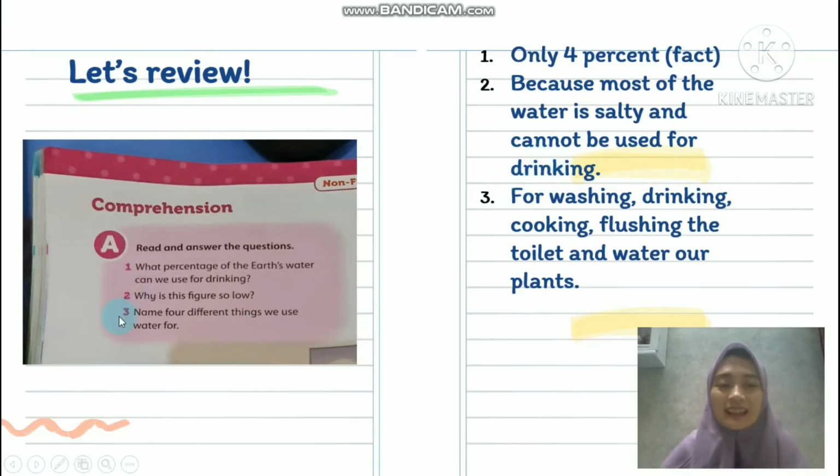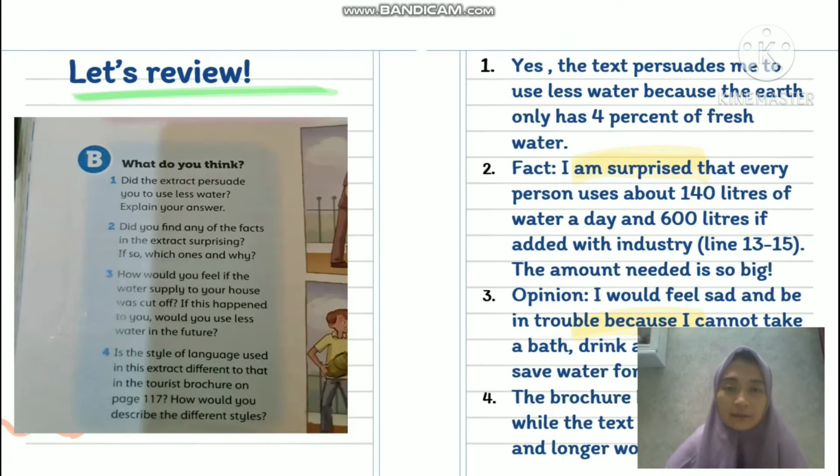And the last question is name 4 different things we use water for. Based on the text, it's for washing, drinking, cooking, flushing the toilet, and watering our plants. I hope your answers are correct, but if you have incorrect answers, you may revise them.